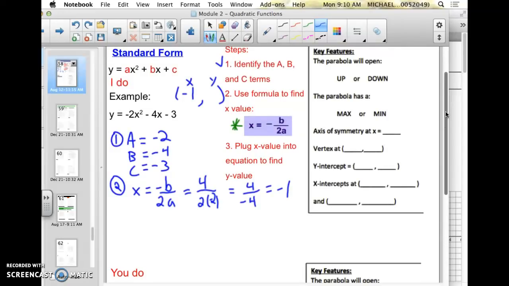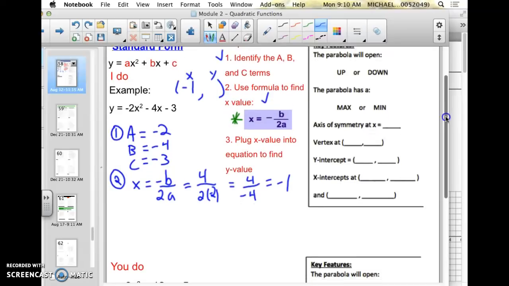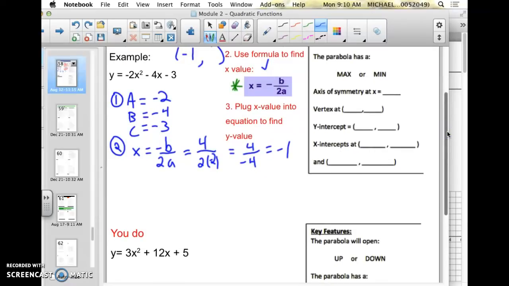I'm going to find my y value. In order to find the y value, we're going to do step 3. So we just did step 2. Step 3 says to plug in the x value, what you just found, into the original equation to find the y value. So I'm going to plug in negative 1 into these x's, compute that math, and that's going to tell me my y value. So step 3, y equals negative 2. And when I'm plugging a value into a function, I'm going to use parentheses.